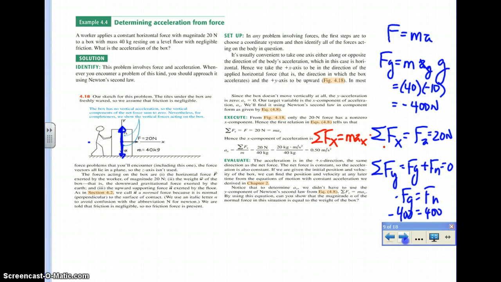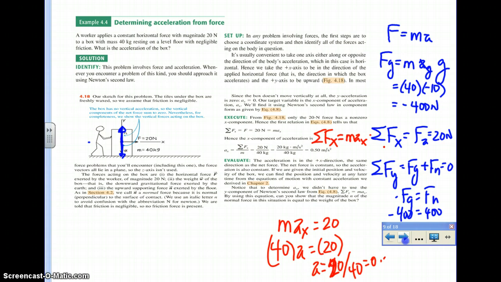So the mass times the acceleration in the x direction has to be 20 newtons. Since we know the mass is 40, then the acceleration is going to be 20 divided by 40. So it's going to be accelerating at about 0.5 meters per second every second.